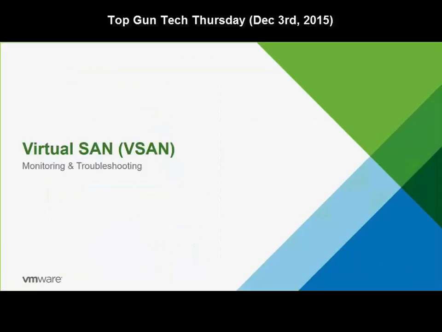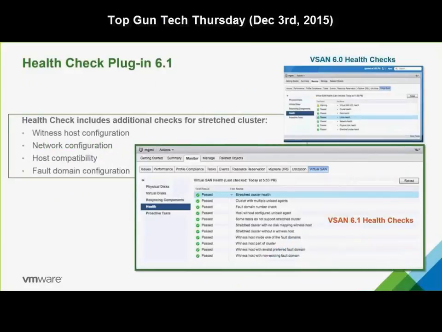Now, let's talk a little bit about tools as far as monitoring and troubleshooting your vSAN environment. vSAN Health Check isn't new to vSAN 6.1, but there have been some improvements since it was released in version 6. That's when the Health Check first came in.